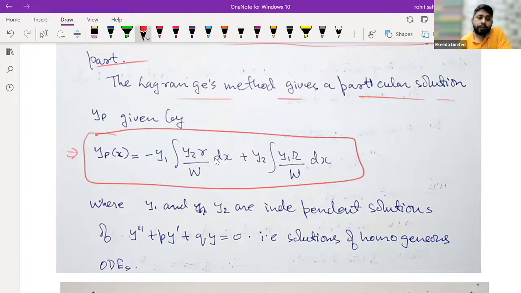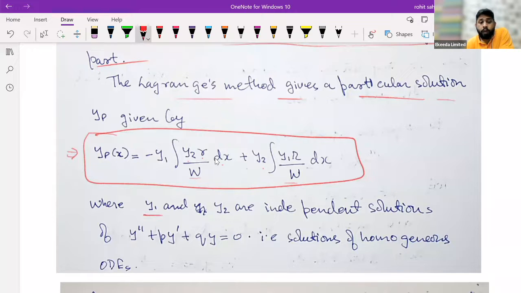The particular solution is given as minus y1 times integration of y2 times r divided by w, I will tell you what this is, dx, plus y2 times integration of y1 r by w. You have to memorize this expression.